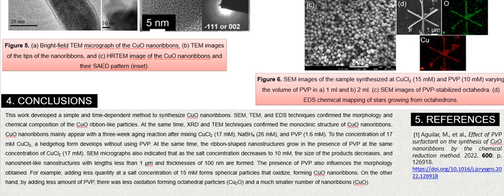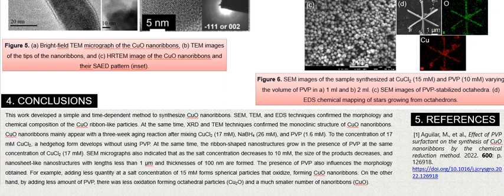At the same time, X-ray diffraction and transmission electron microscopy techniques confirm the monoclinic structure of the cupric oxide nanoribbons, which mainly appear with a 3-week aging reaction after mixing cuprum chloride, sodium borohydride, and PVP at a concentration of 17 millimolar of the precursor salt.